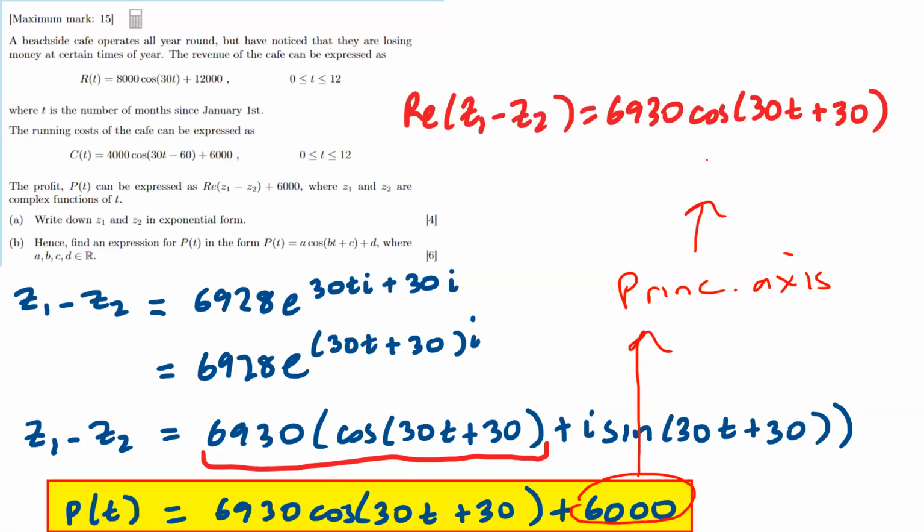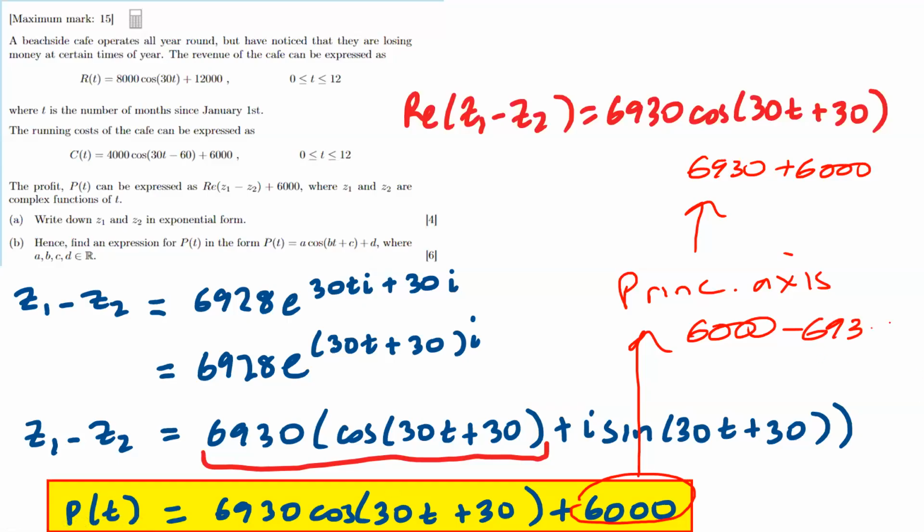So you go up 6,930 plus 6,000, and I know the maximum is going to be there without doing any calculation. The y minimum is what you asked, though. Why did I put y minimum 2,000? That's because I know the principal axis is 6,000, and the minimum must be when I start at the principal axis and subtract the amplitude.